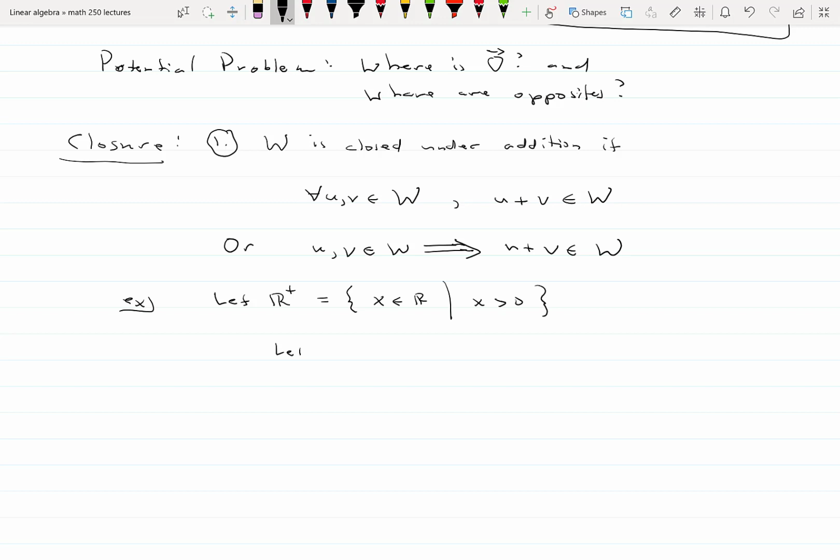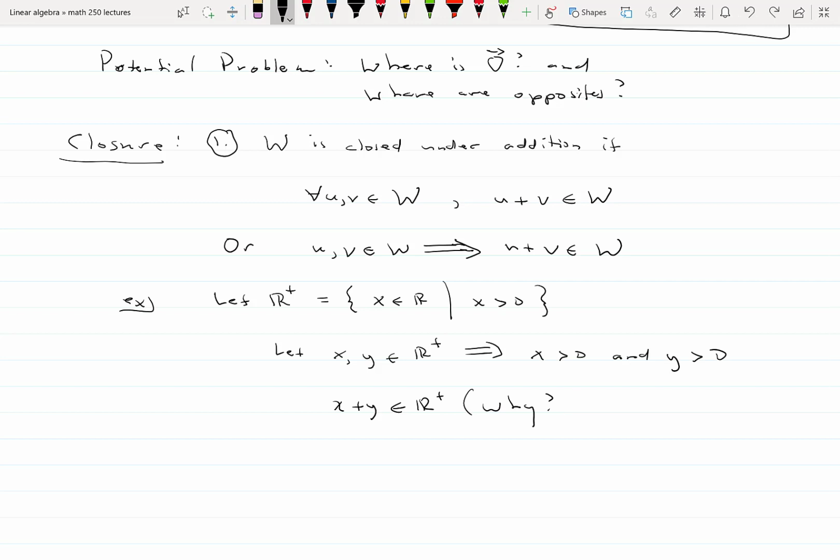So let x and y be in that subset of R. That implies that x is greater than 0 and y is greater than 0. I want to show that x plus y is in that set. Well, x plus y is in that set. Why? x and y are positive numbers.